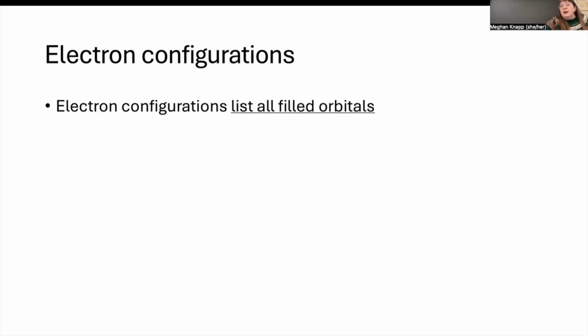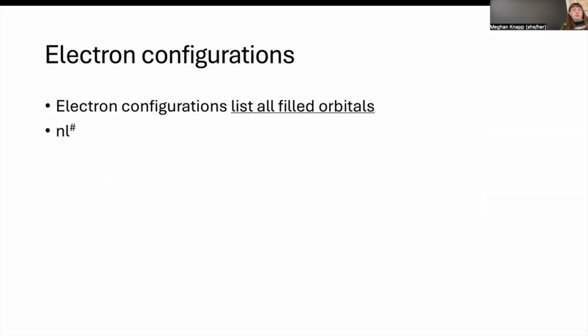And you do that by putting N and L. So remember, that's the principal quantum number. And L is the angular momentum, the SPD. And then the number is a superscript that tells you how many electrons are in that kind of orbital.